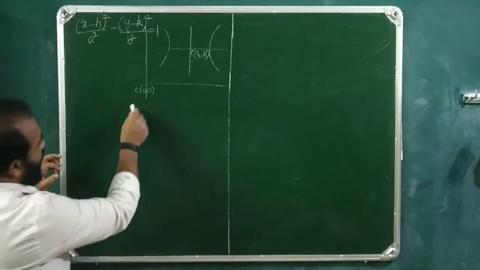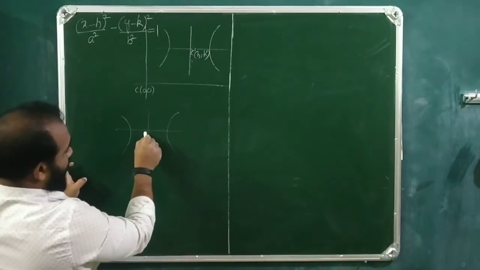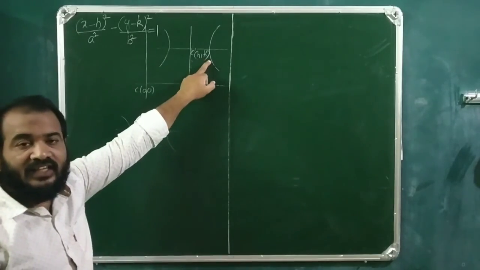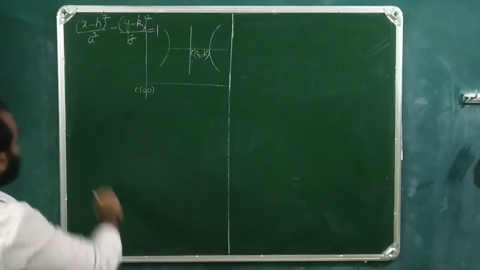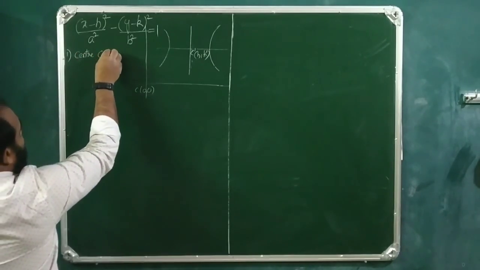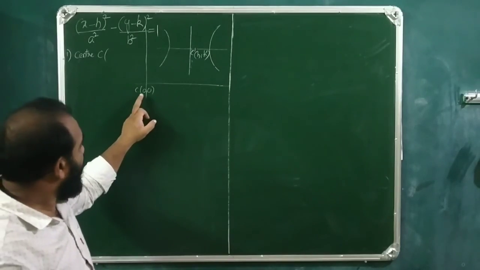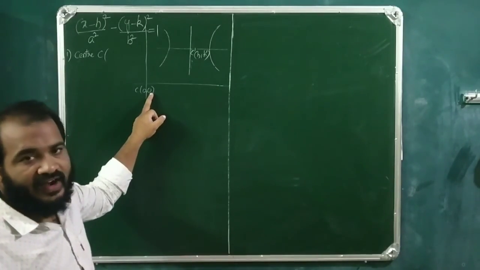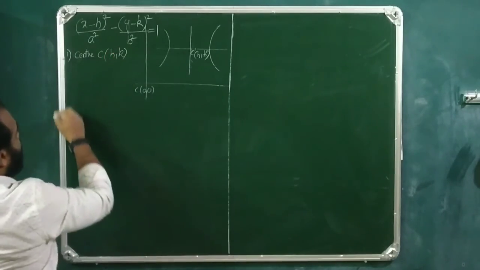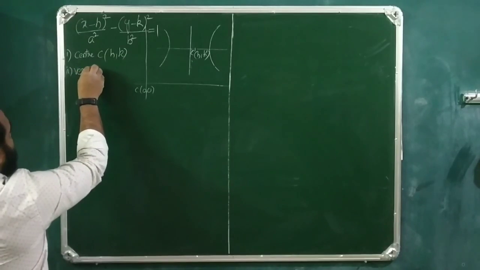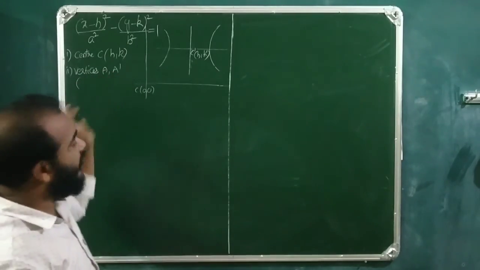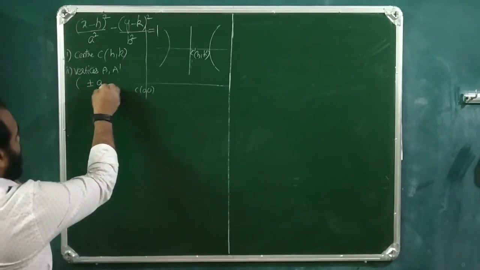So earlier the hyperbola was at the center C 0, 0, but now the origin is shifted to the point C h comma k. For this, the center C earlier was 0, 0; now the x coordinate h is added and the y coordinate k is added, as we have learnt in transformation of axes. So the center is C h comma k. For the vertices A, A dash, earlier we had plus or minus a comma 0.